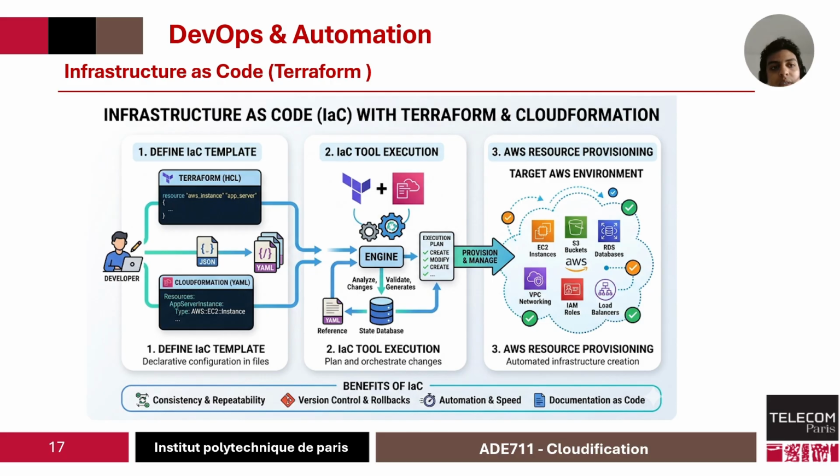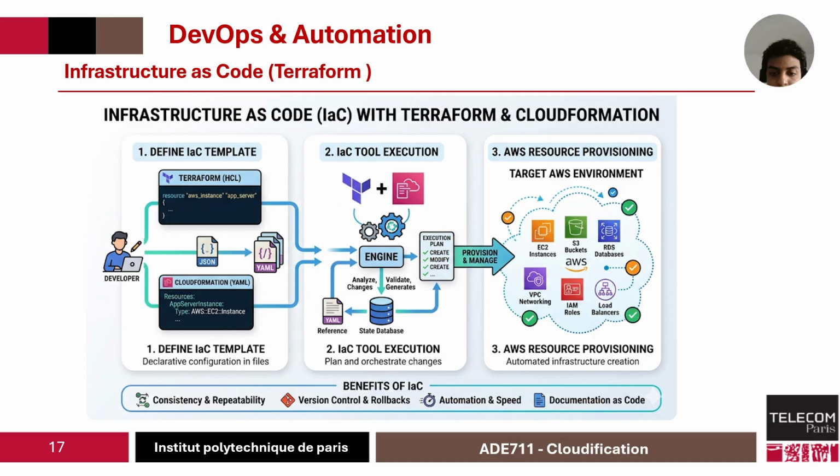We also have the concept of infrastructure as code with Terraform, where you define your infrastructure templates, and then you have a lot of tools to execute that. And of course AWS, the cloud provider, provides a lot of resources to provision and more. There are a lot of benefits to the idea of infrastructure as code.